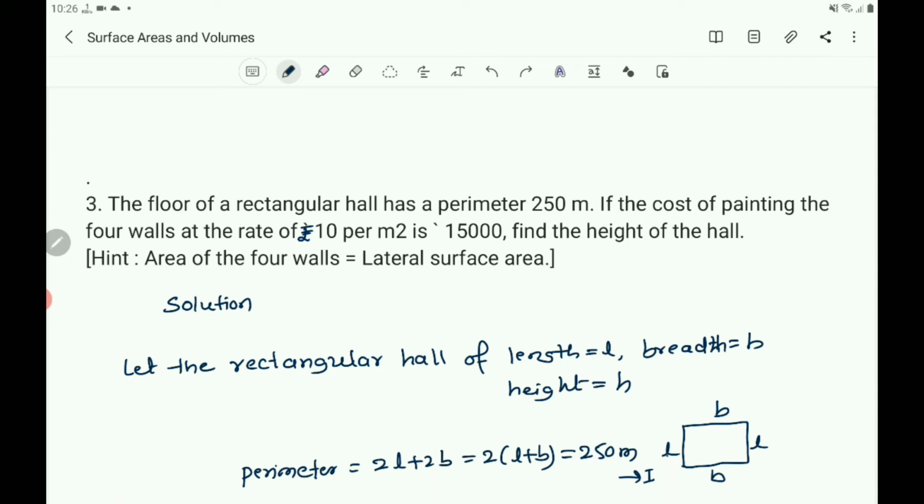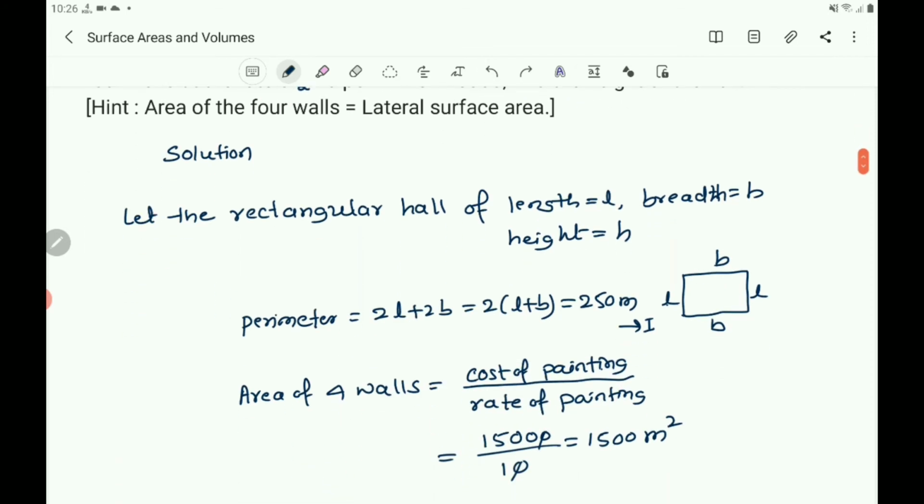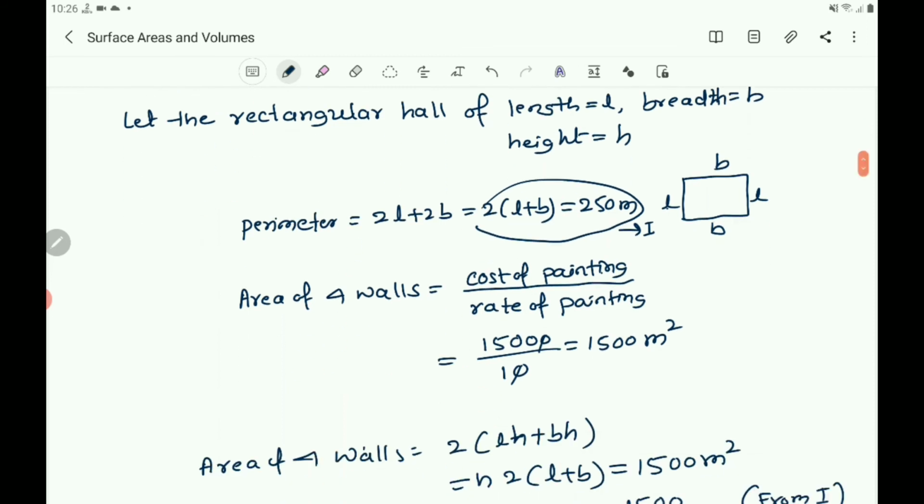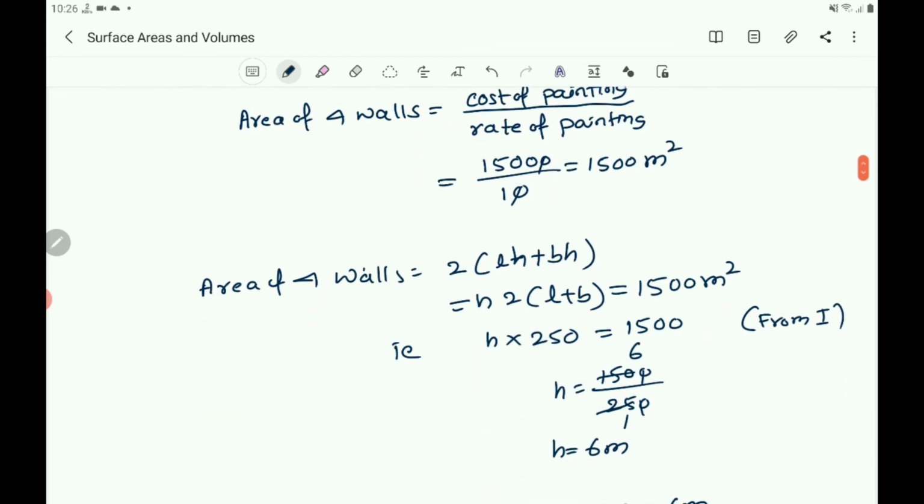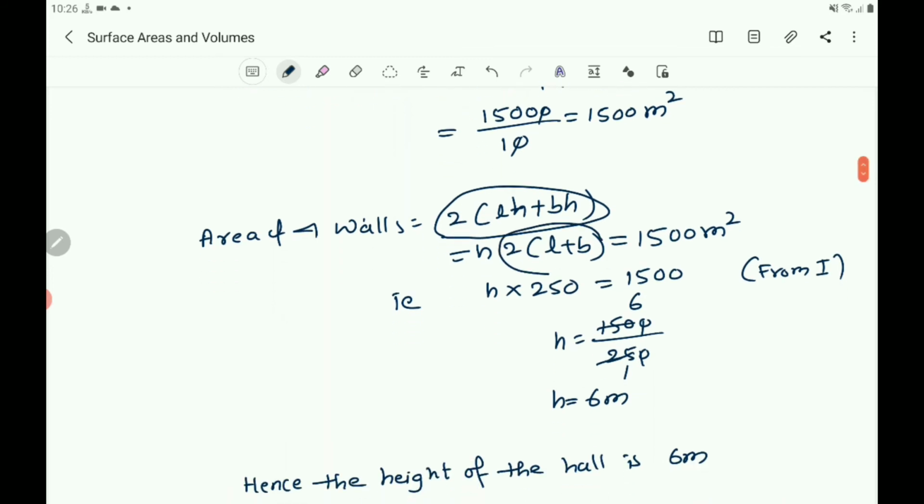Then to get the height, you know that 2 into (L plus B) is 250 meter, and the area of the four walls becomes 2 into (LH plus BH), which is H into 2 into (L plus B), and H into 250. By using this relation, you will get the height of the hall.